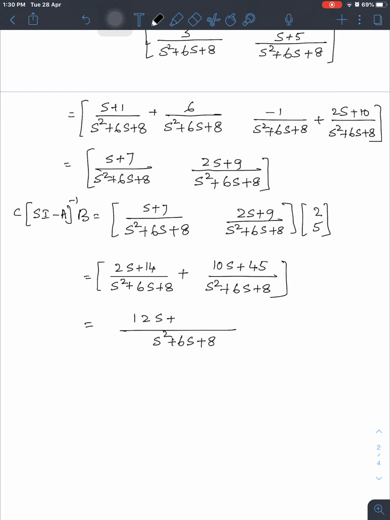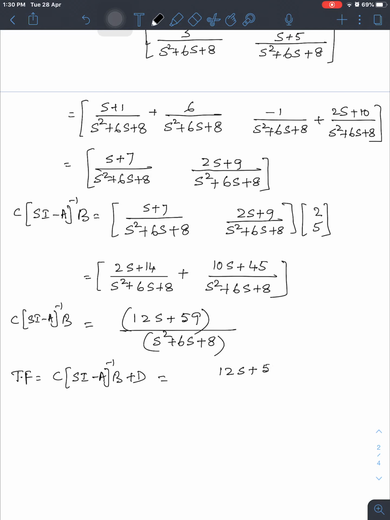This is our C into (sI minus A) inverse into B. And transfer function is plus D, so D being 0, transfer function is equal to C into (sI minus A) inverse into B plus D, D being 0, we will get this as 12s plus 59 divided by s square plus 6s plus 8.